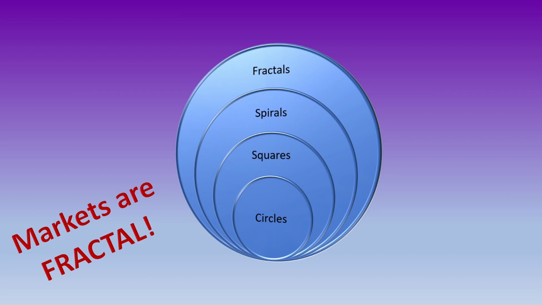Note that these circles are inside other circles within the context of fractals. And this is the key on how it really all works. I've never seen this information presented like this anywhere. I've never read it. I just had to figure it out over the years.